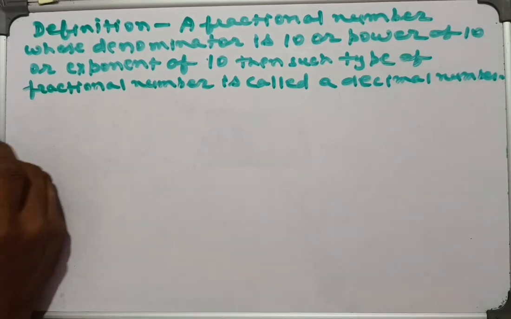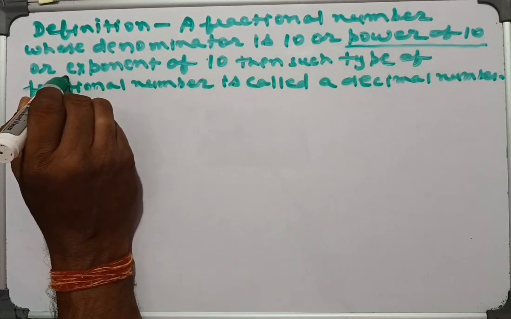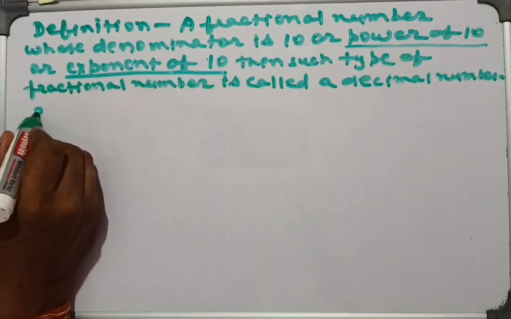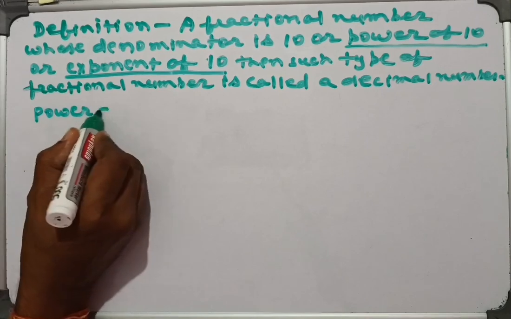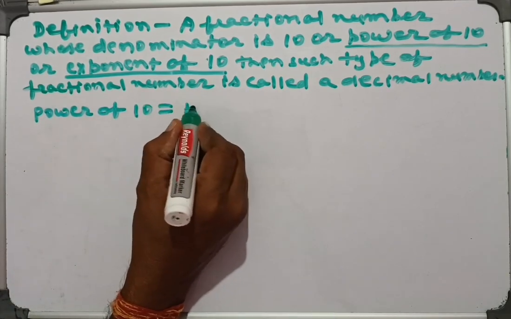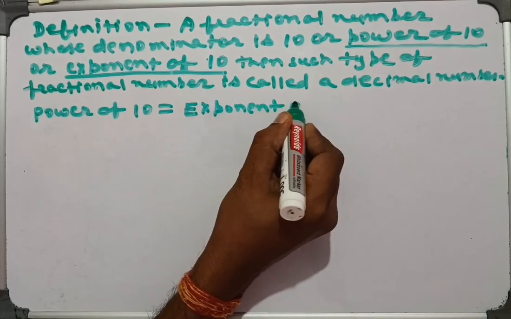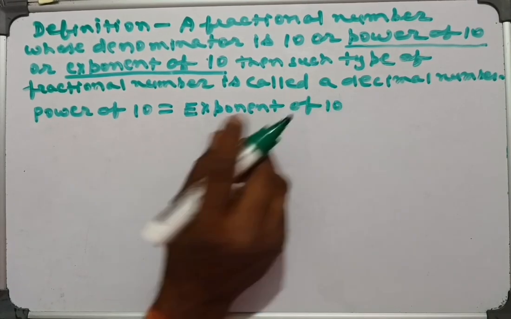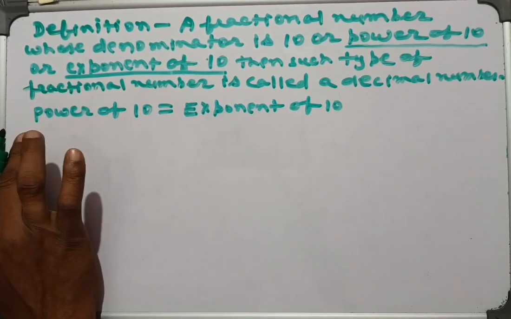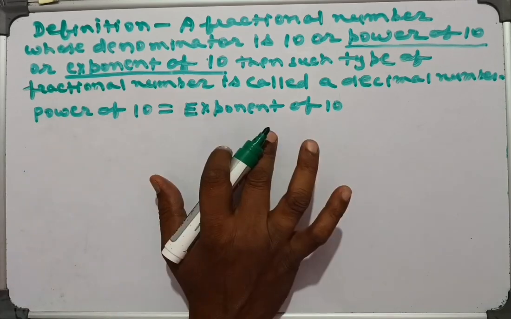Okay guys, now I have used here power of 10 and exponent of 10. Both have the same meaning. Power of 10 is equivalent to exponent of 10, or you can say both are synonyms of each other, power and exponent.